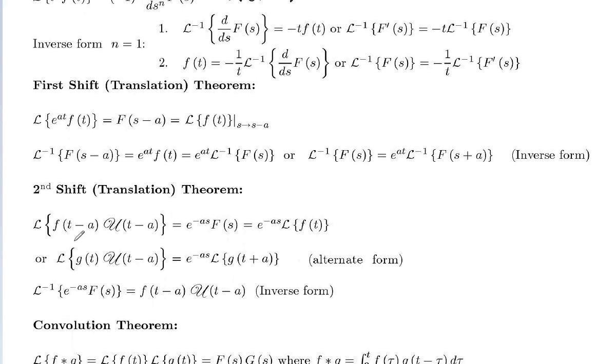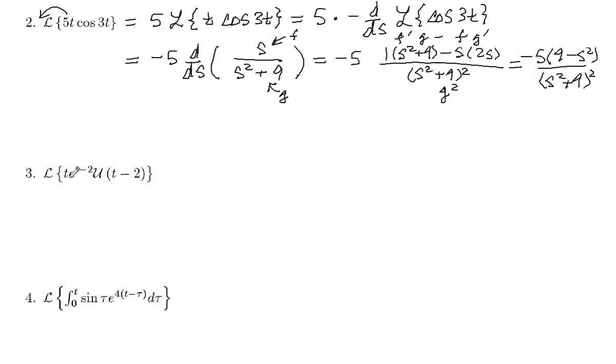Your second shift: the transform of f of t minus a, u of t minus a, gives us a factor of e to the negative as, and then you do the transform of the unshifted function. Ours looks almost like that. We've got a t on the outside, and then we've got a shift on the inside. So we've actually got two things going on here.